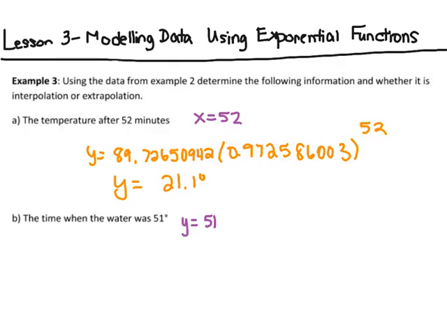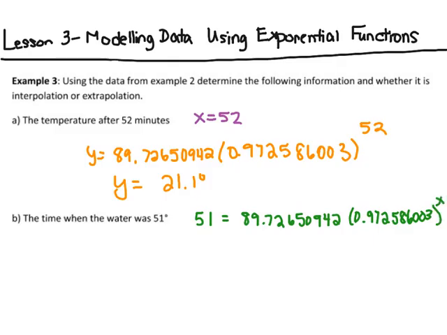Now we're going to do this, and this is a little bit different. It's something you haven't done before. So you have y is 51 equals 89.72650942 times 0.972586003 to the power of x.